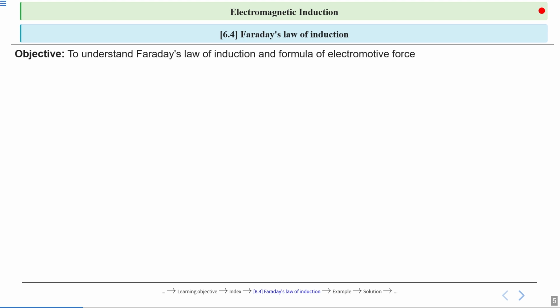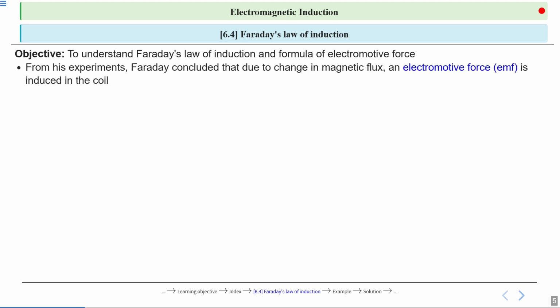Generally, we are only talking about the potential difference creator, which we will simply note as electromotive force. If EMF is induced, we can say that current is also induced. EMF, or electromotive force, will be used in the entire chapter to understand Faraday's law of induction and the formula for EMF.